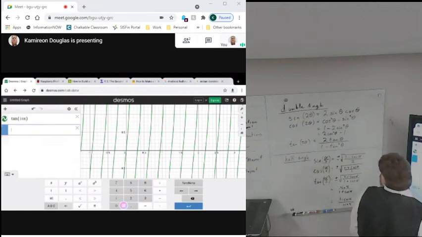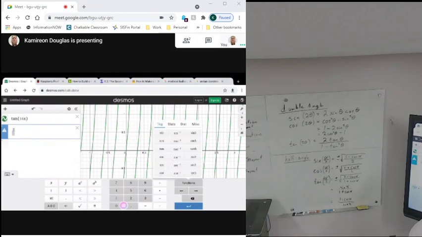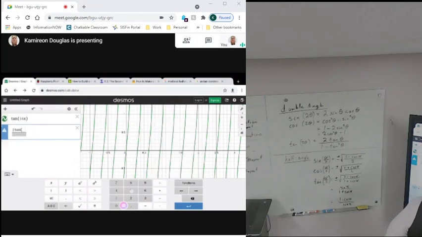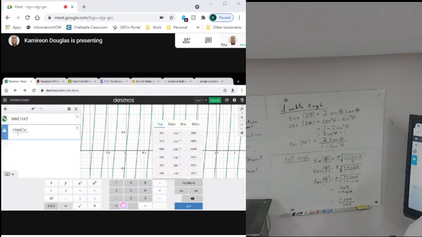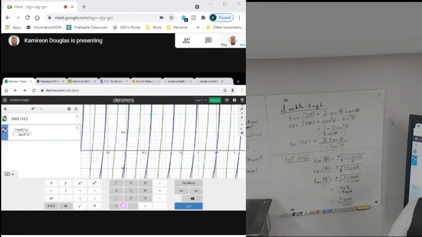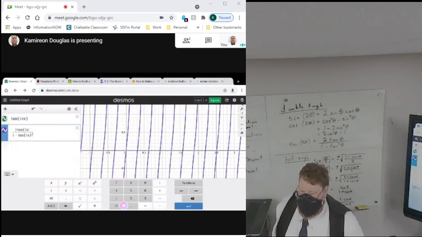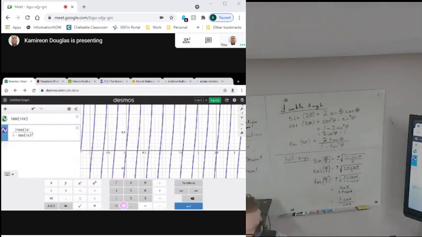My first variation is 2 tangent 5x all over 1 minus tangent squared of 5x. Yeah, that matches perfectly. Must have done something right.